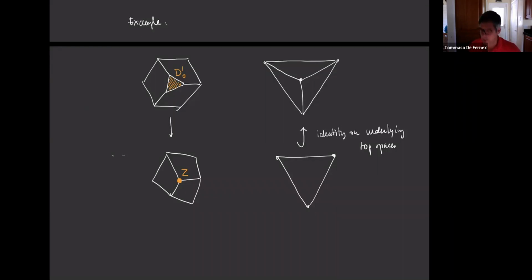I added a vertex, and I cut a face into three faces, and so on. This operation has a name. It's not a barycentric subdivision. This is called a stellar subdivision. A barycentric subdivision of this triangle would also have introduced vertices here and these edges. So this is called a stellar subdivision.